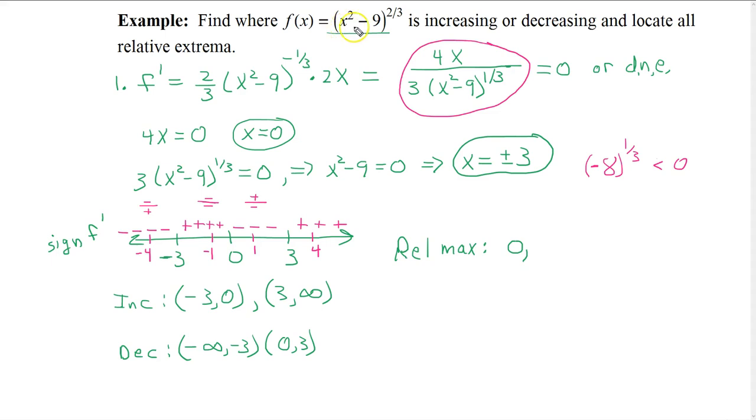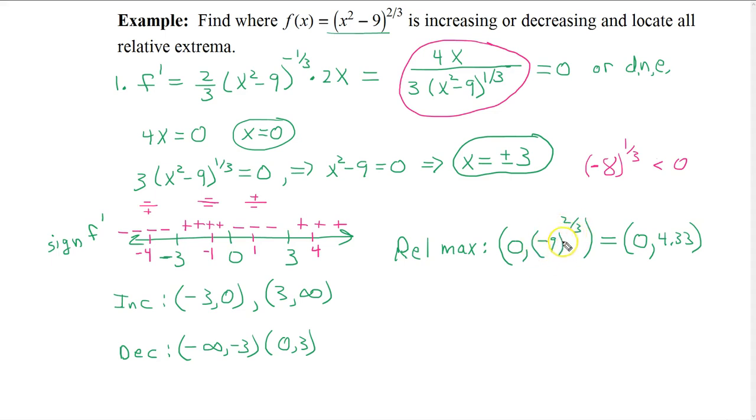So f of 0, that will be negative 9 to the 2/3 power. Now if you evaluate negative 9 to the 2/3, because you're squaring it, this will become positive down here. Evaluate that on your calculator. 4.33. That's what you get if you evaluate this on your calculator.